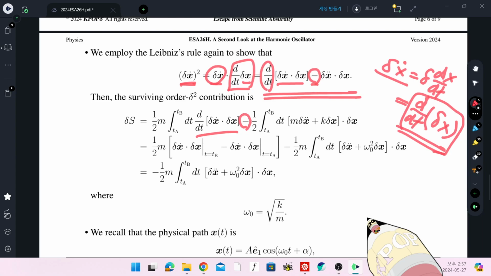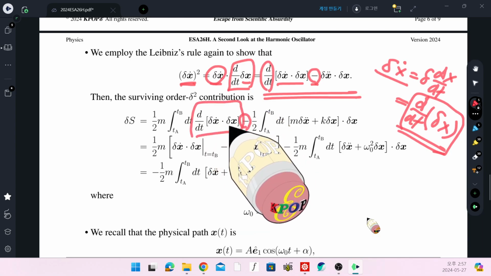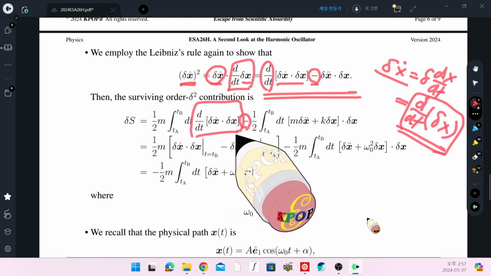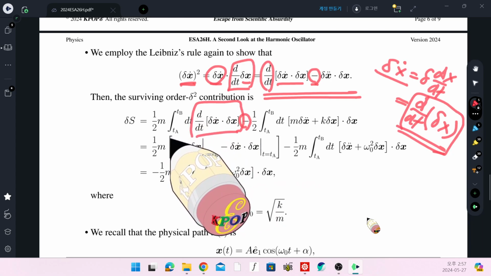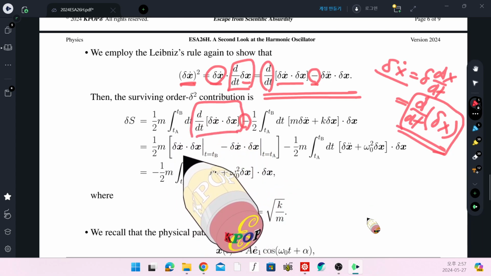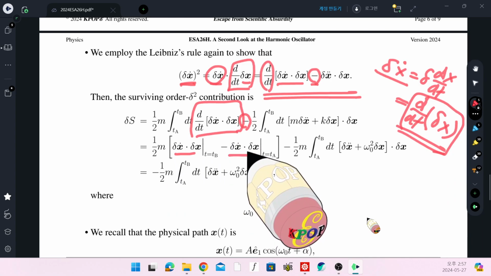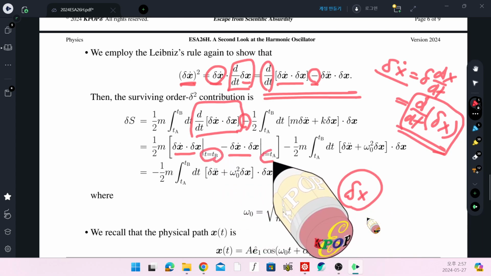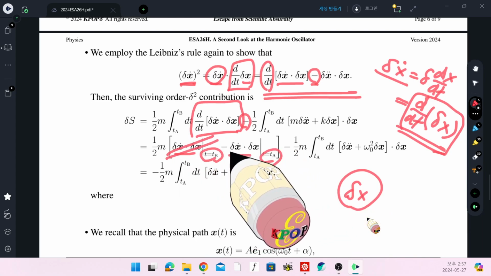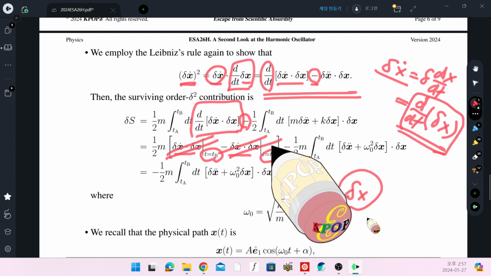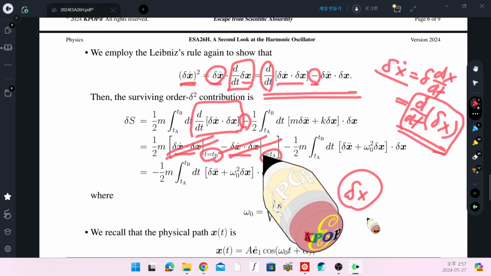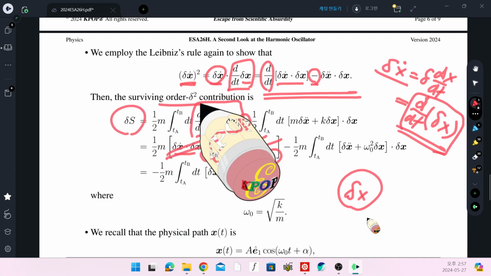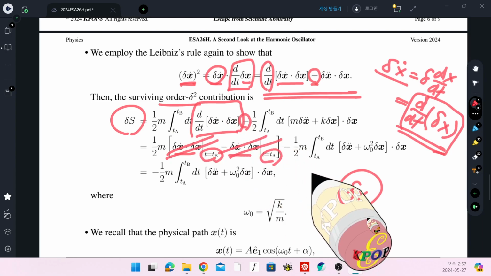By the way, we again find this is a total time derivative. A total time derivative can be evaluated very simply. And the integrand is this. We have a delta x that appears at both endpoints, so this one we do not need, and this one vanishes. The only contribution that survives in the order delta squared contribution is this term.